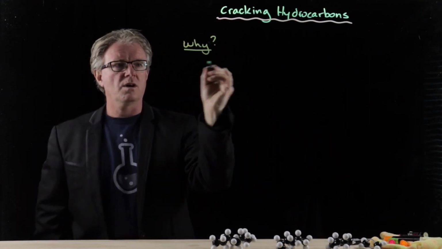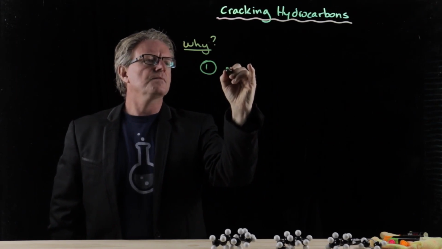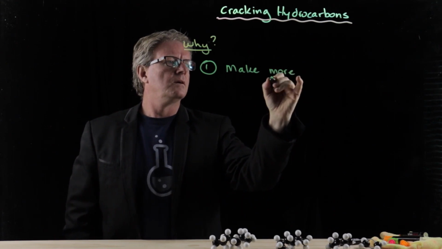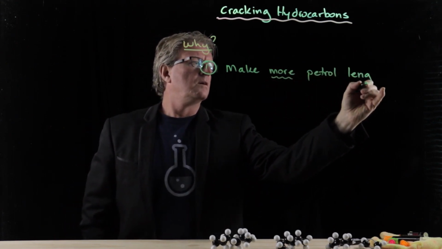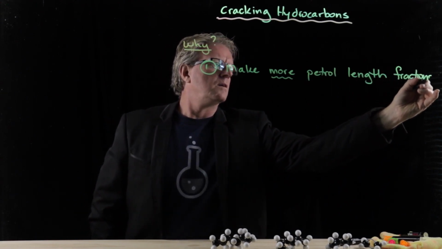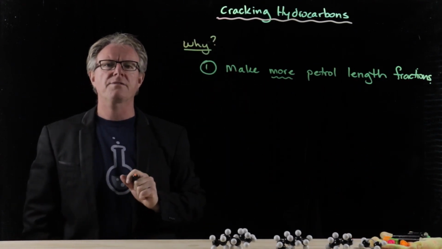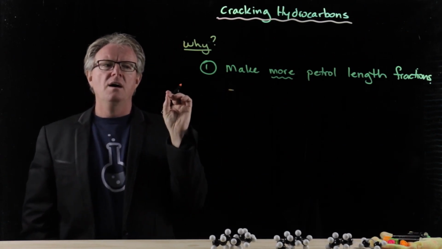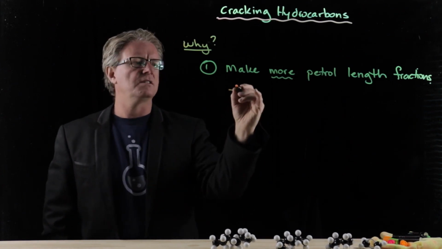So I guess the first thing, and write this down of course, is to make more petrol length fractions. And the reason why is because the percentage of petrol length fractions in petroleum is not enough to satisfy demand.